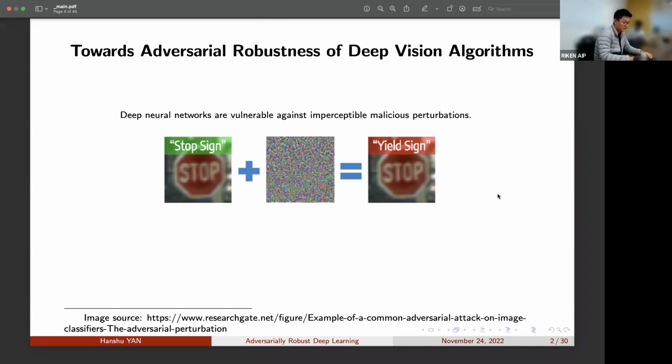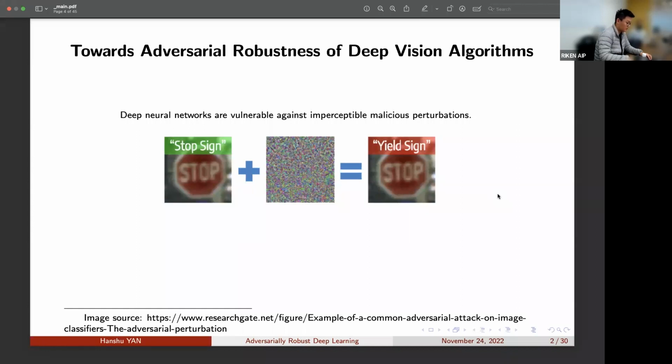Suppose we have a classification algorithm which tries to classify a road sign into the correct text or symbol. Now, if we add some malicious noise or adversarial noise to the road sign, then the result will turn out to be wrong. So it will cause very critical and disastrous consequences if we use these algorithms in high-stake applications.